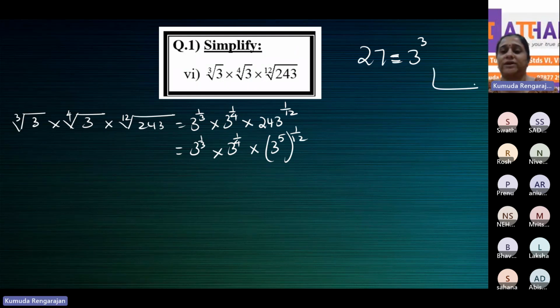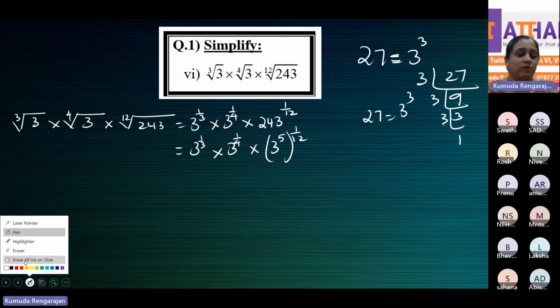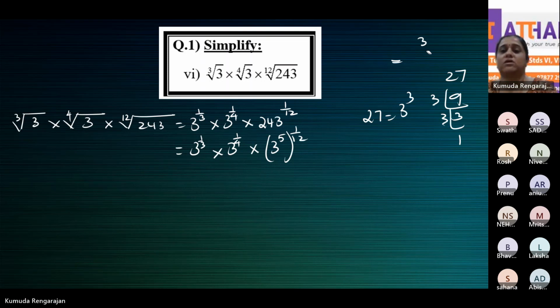And how do you do that? 27, 3 9s are, 3 3s are, 3 1s are. So 27 is equal to 3 to the power 3. So that's how you find it for 243 also.